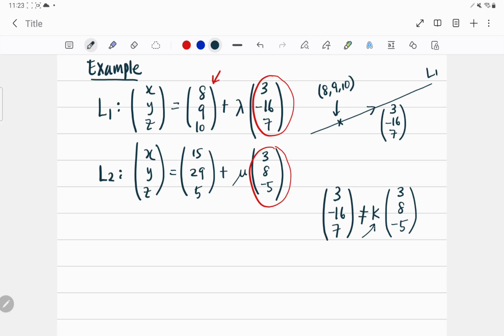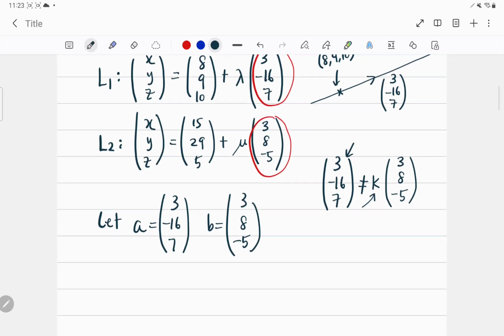There is no way to find a number k that, multiplied by 3, 8 and minus 5, gives the vector on the left hand side here. So let A be the vector 3, minus 16, 7, and let B be the vector 3, 8, and minus 5.